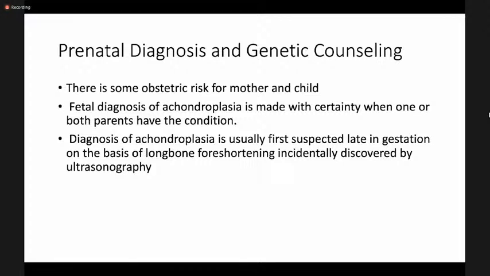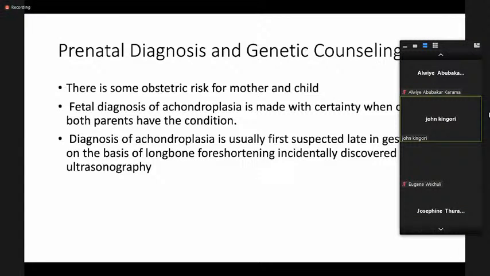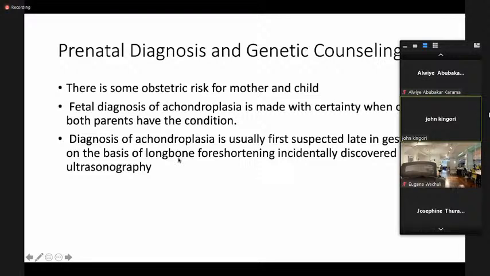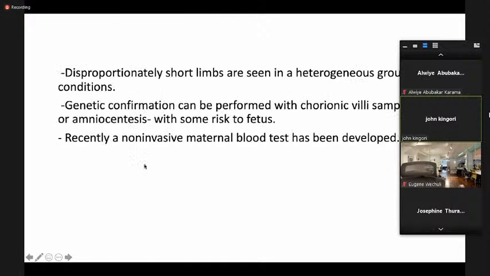Fetal diagnosis of achondroplasia is made with certainty when... The diagnosis of achondroplasia is usually first suspected later in gestation on the basis of long bone foreshortening incidentally discovered during ultrasonography. They are disproportionately short limbs, which are seen even with heterogeneous conditions.